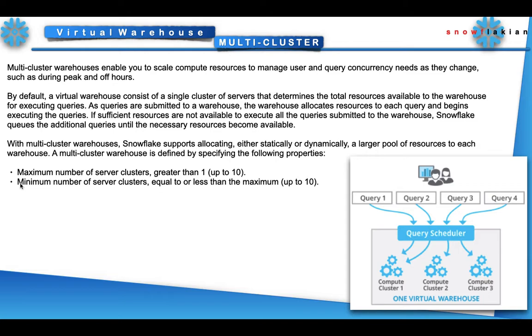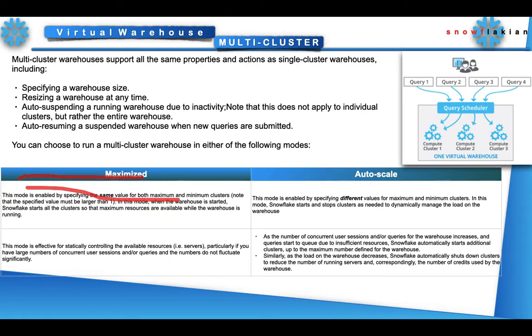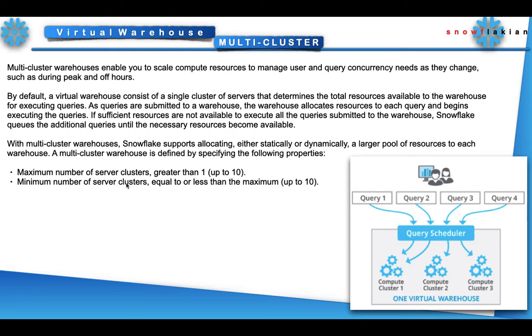This will be created by giving maximum number of server clusters and minimum number of server clusters. These parameters are used for auto scaling purposes. If you tell maximum number of server clusters 3, you will get 3 clusters. Similarly, minimum number of clusters is helpful in the auto scaling.